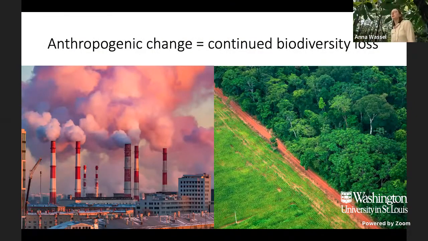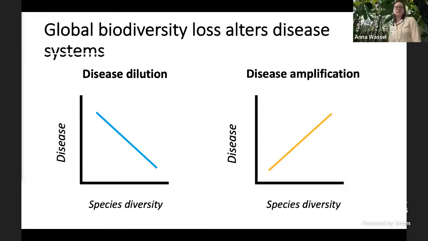So anthropogenic change is contributing to massive biodiversity loss. And this is ongoing. We're in a species extinction crisis, habitat destruction crisis. And with these changes in biodiversity, we also can expect changes in ecosystem functions and services, any ecological process that any of us here might study, including disease systems.